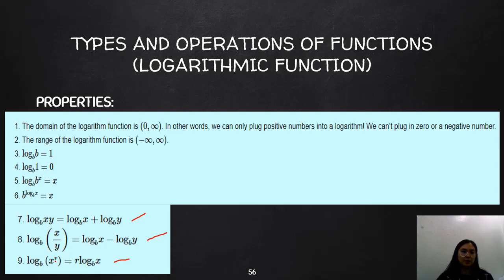And kung naka-raise po siya sa exponent, yung exponent pwede mo siyang ilagay prior dun sa logarithm, such as this, r log of x to the base b. So, parang ganyan. Very important tong mga properties na to, class. Kasi most likely than not, itong mga properties na to yung lagi nating gagamitin.